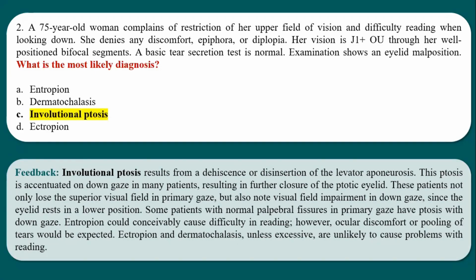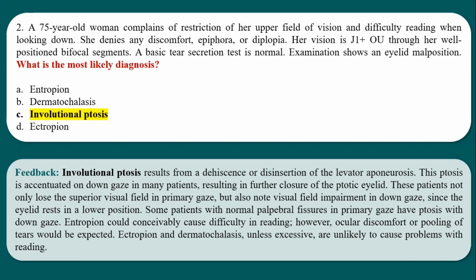Involutional ptosis results from a dehiscence or disinsertion of the levator aponeurosis. This ptosis is accentuated on down gaze in many patients, resulting in further closure of the ptotic eyelid. These patients not only lose the superior visual field in primary gaze, but also note visual field impairment in down gaze, since the eyelid rests in a lower position.